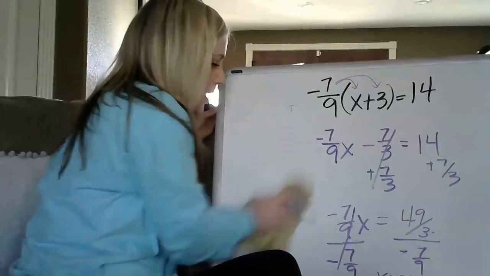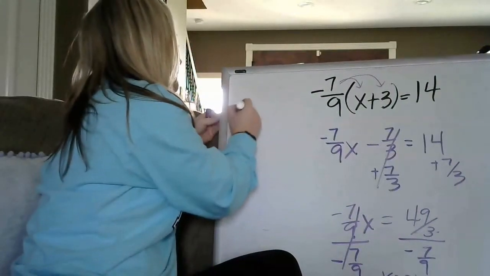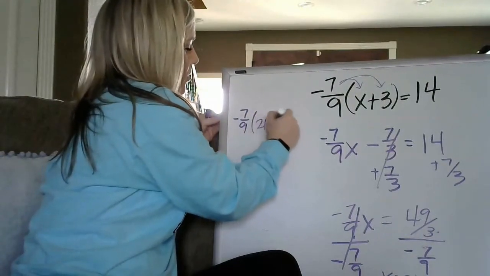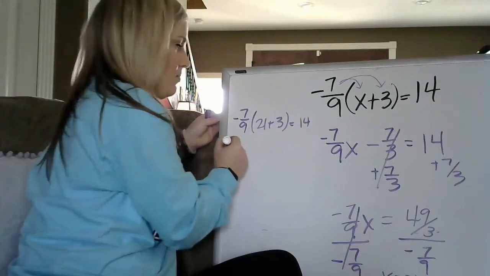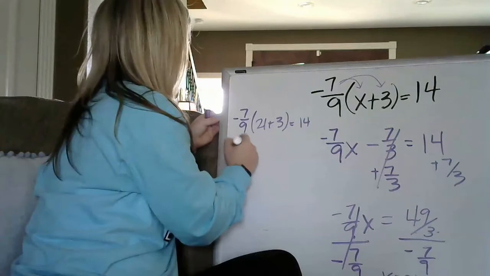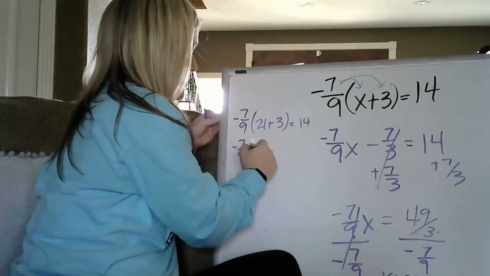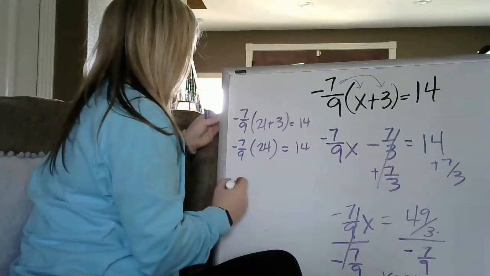All right, now let's plug it in and let's check it. So we have negative 7/9 times 21 plus 3 equals 14. 21 plus 3 is 24, right? Negative 7/9 times 24 equals 14. Well, let's see.